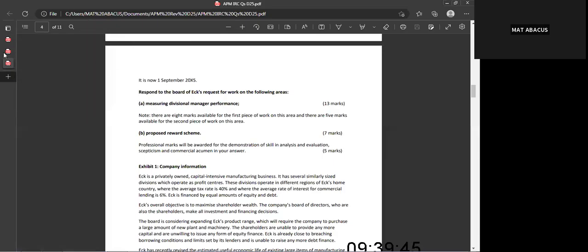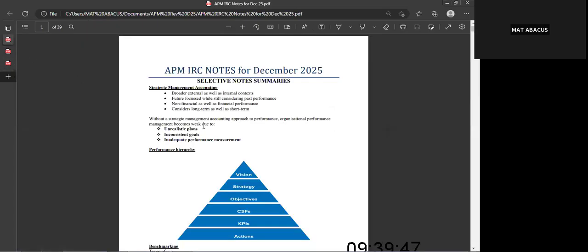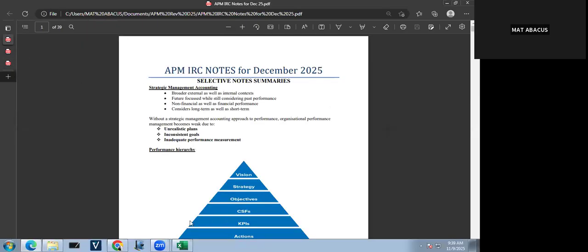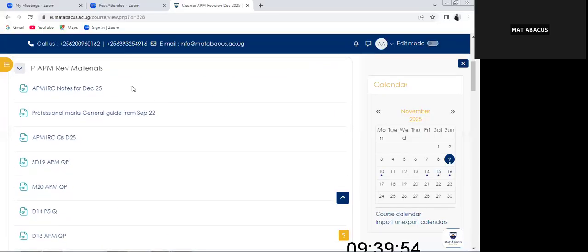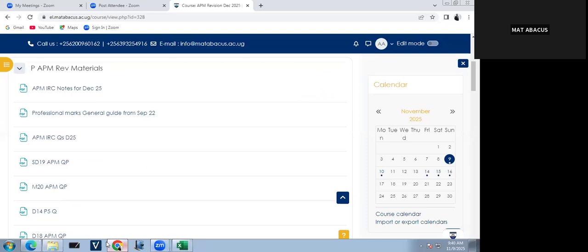If you haven't done it yet, please go to the LMS and download the materials there, the notes, the professional marks, the IRC questions, at least these first 3. We'll have a look at some of the elements in the notes. The notes are divided into 3 parts.